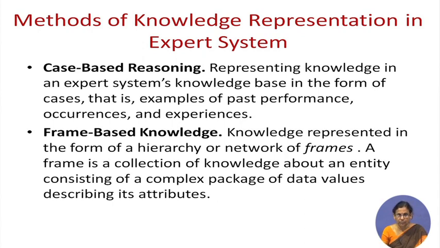The second way of storing the knowledge is called the frame based knowledge. In this form, the knowledge is represented in the form of frames, where a frame is basically the collection of knowledge about one entity, and the data values, which means the attributes about the entity, get stored in the form of frames in the knowledge base.